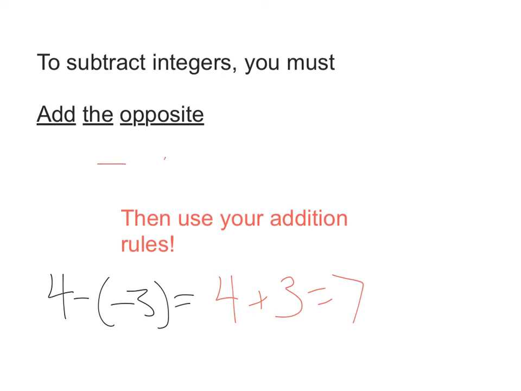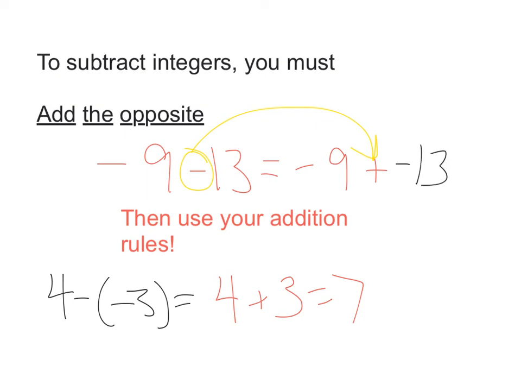And then we had negative 9 minus 13. If we use this definition of subtraction, it's really negative 9 plus, we're changing that subtraction to addition, and then we're adding the opposite of what we were subtracting, so we're adding negative 13. And now here we have same signs.